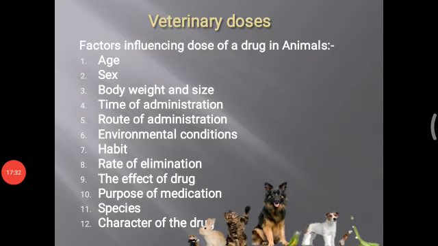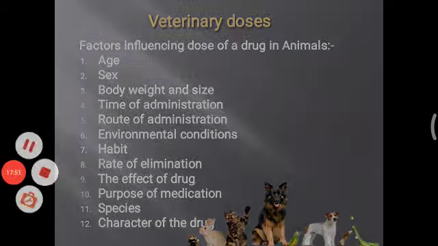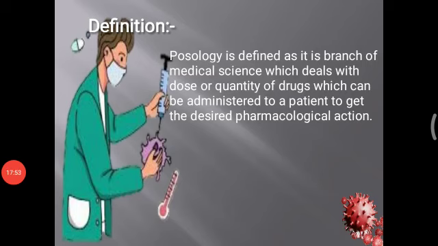In this chapter we discuss mainly, first point, what is posology. Posology is the Greek word: poso means how much and logos means science. Then next point that we cover is the definition.